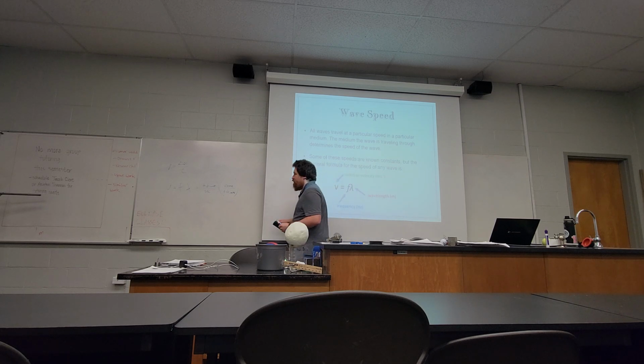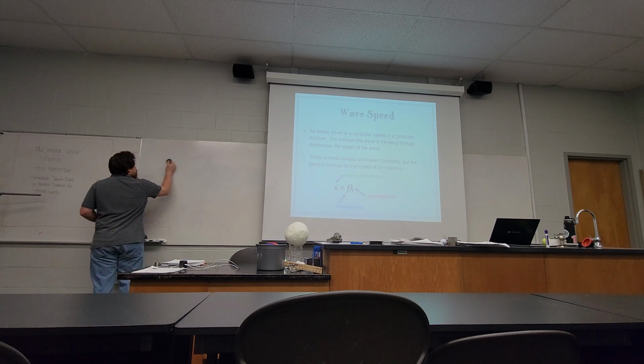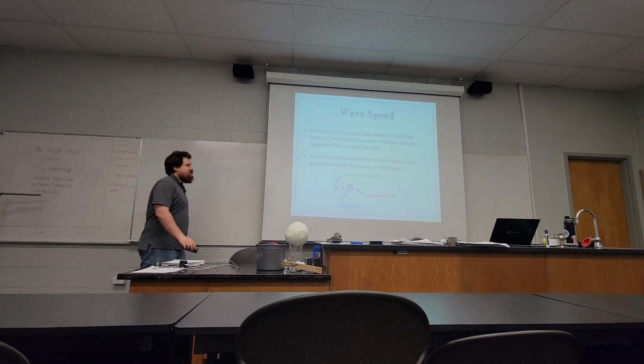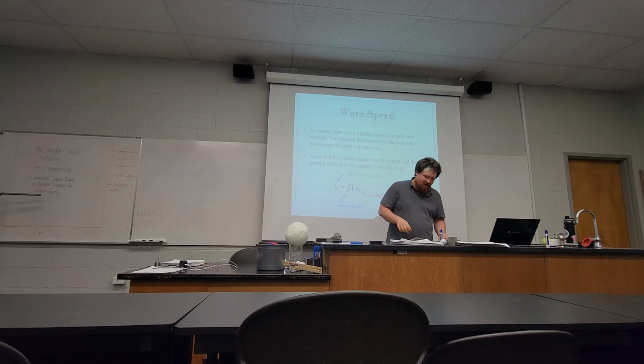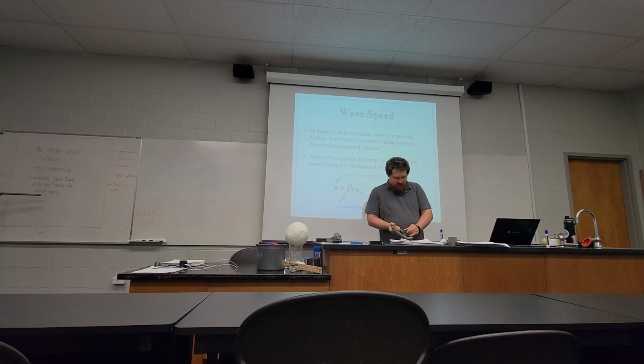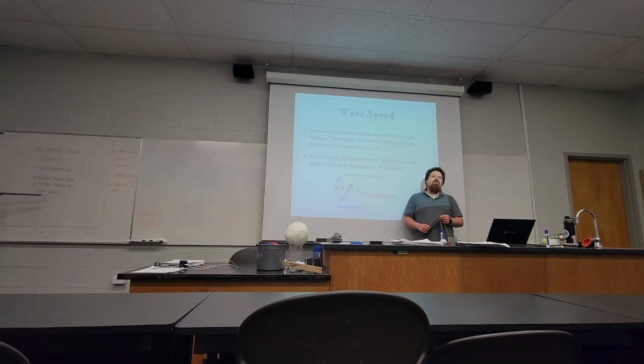All right, so that's where the formula comes from and why it works. Every wave has a speed, a velocity, because they are capable of traveling. And generally speaking, the better determination of what a wave's speed is going to be is actually the type of wave that you're looking at and the medium that it is traveling through.